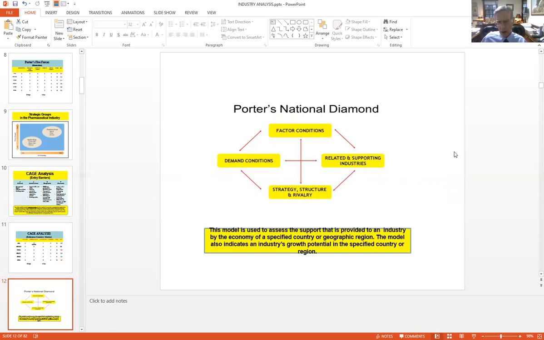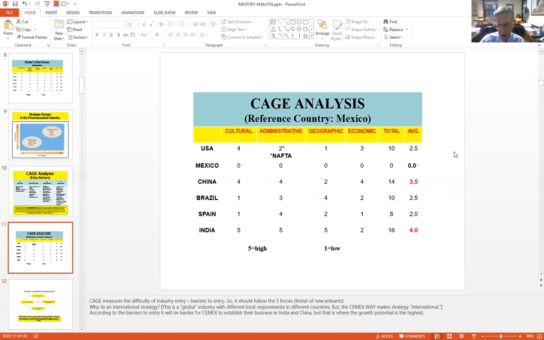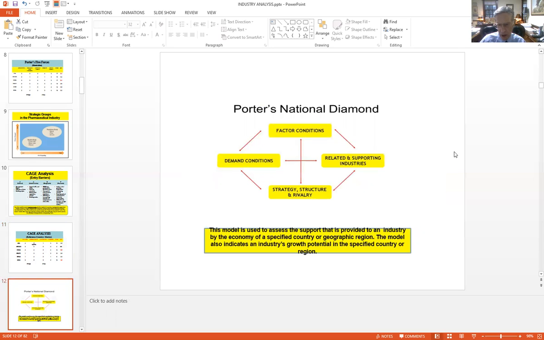In this model, also given to us by Michael Porter, we're interested in knowing the extent to which a country's economy can support an industry. A minute ago, we were looking at the growth potential using the CAGE analysis to assess an industry's growth potential.